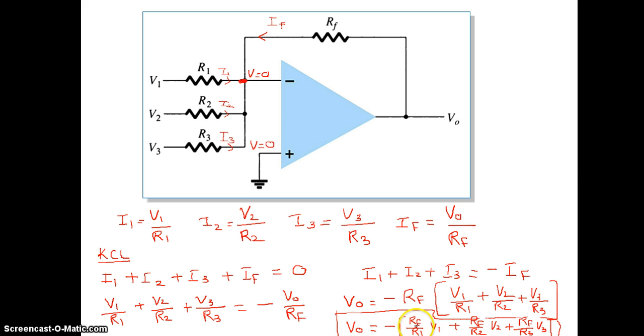So if RF is equal to R1 is equal to R2 is equal to R3, that means your output voltage is minus of V1 plus V2 plus V3, just addition. Otherwise, the gain multiplied by each voltage will be added up. So this is the summing amplifier.